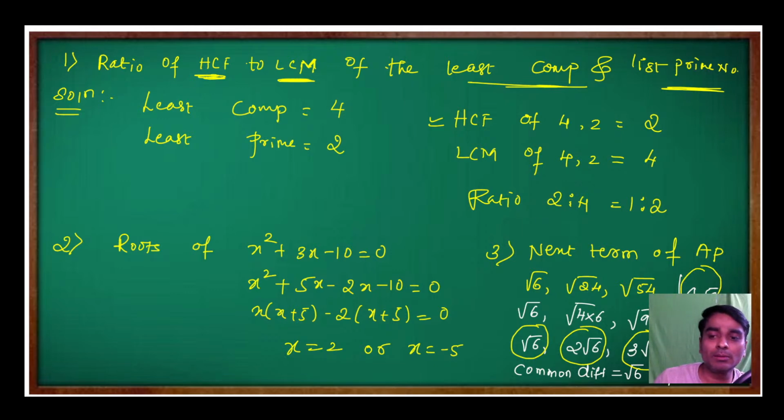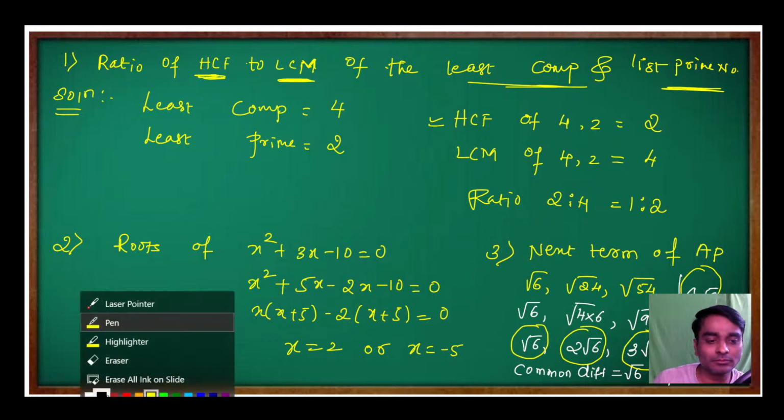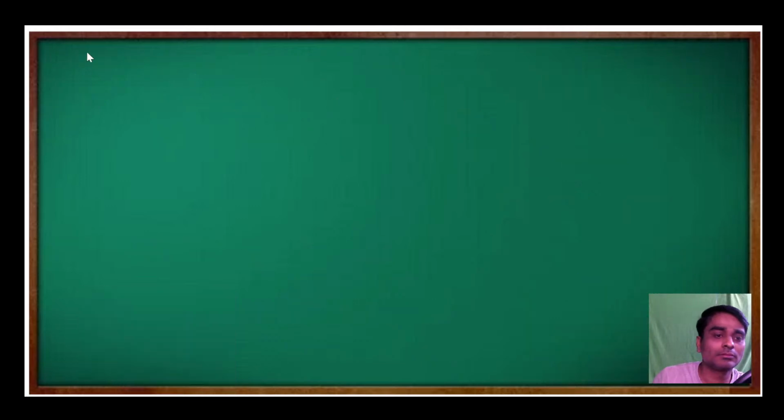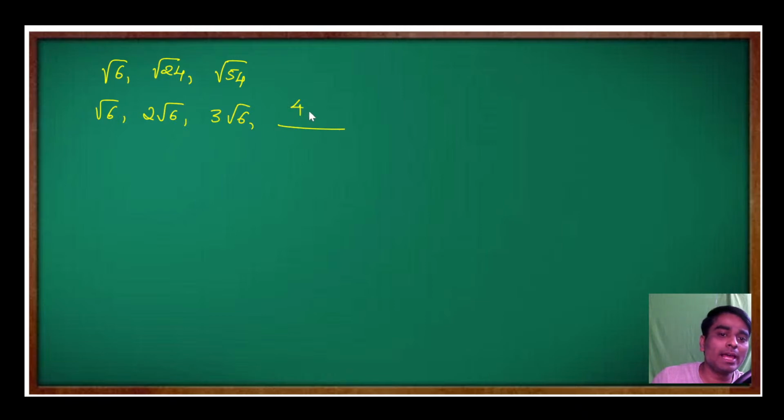So 4 root 6 will become root of 96, which is equal to root 96. Okay, next one.